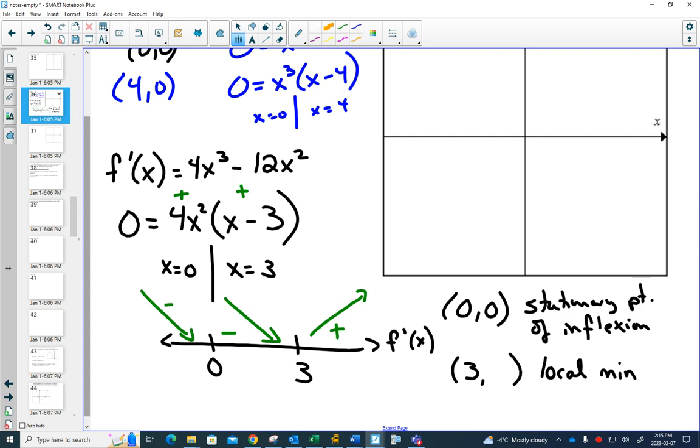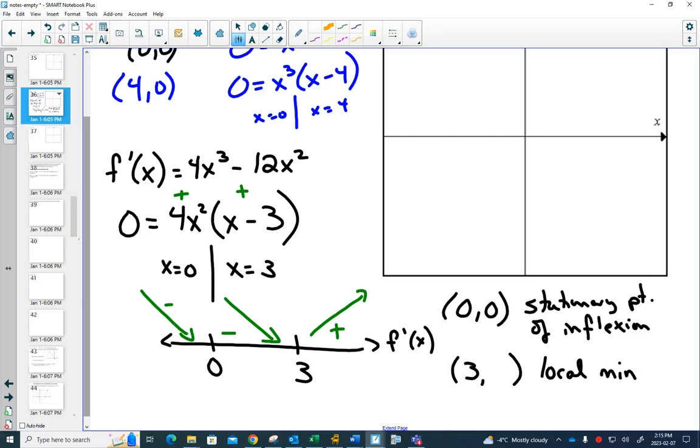And we can see from our sign diagram that it will be a local minimum. Two things needed for showing something's a minimum or a maximum using the first derivative test. One, the first derivative is equal to 0. We showed that. And then two, if it changes from decreasing to increasing, that would make it a minimum.